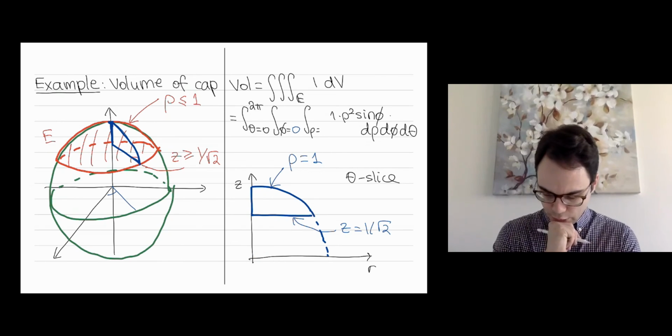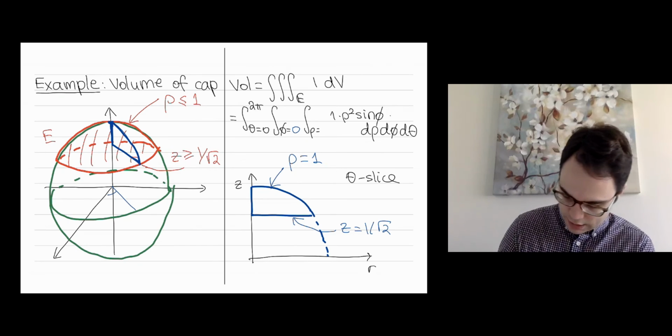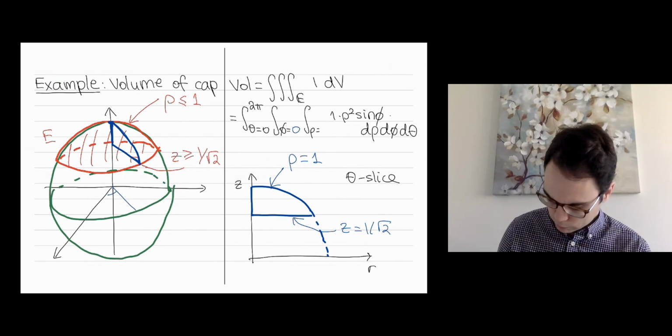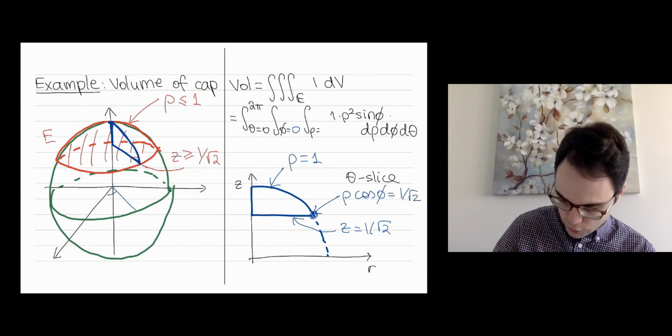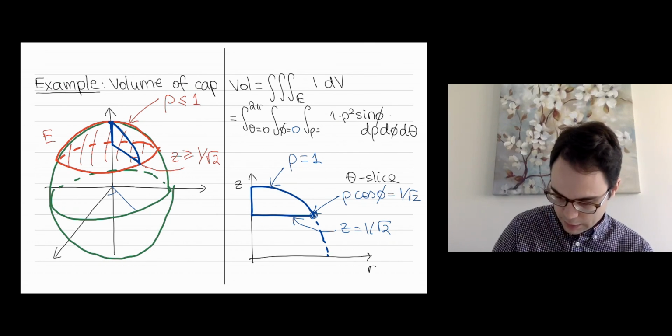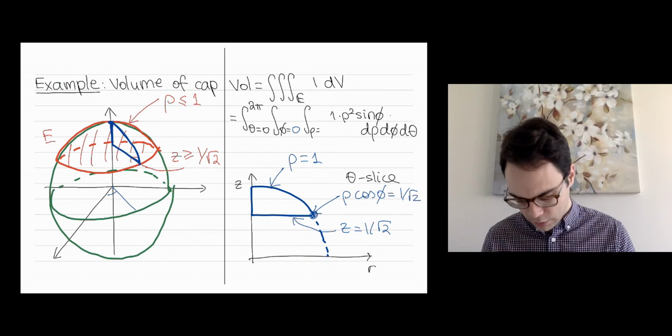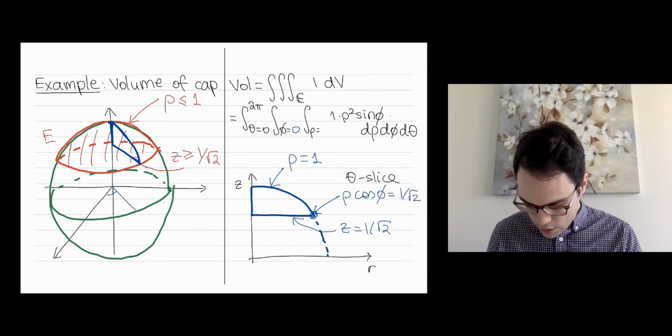Now, what's phi at this point? I know that two things are true at this point. I know that z is rho times cosine phi. I know that z is equal to 1 over root 2, but I also know that rho is equal to 1 at this point, because this point is on both of these two curves.